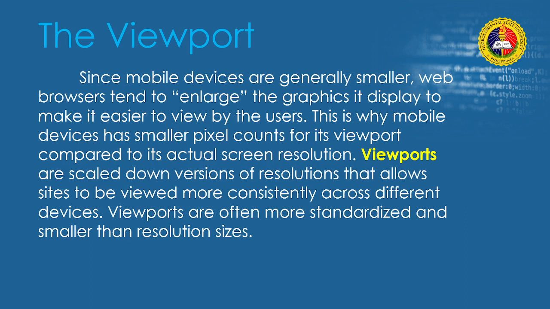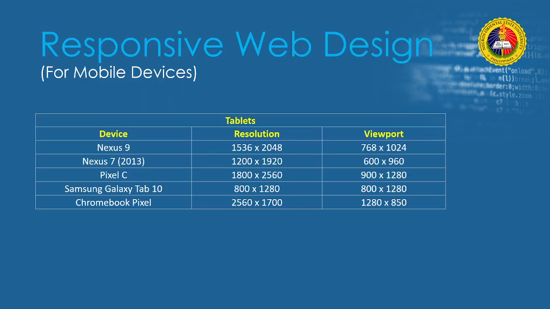So that's why viewports are much smaller than resolution sizes, because they are scaled down versions of the resolutions. Now, why is the viewport important? Because this is what we are going to use for our design, on how we are going to design our website so that it will appear clearly and visibly on our mobile device.